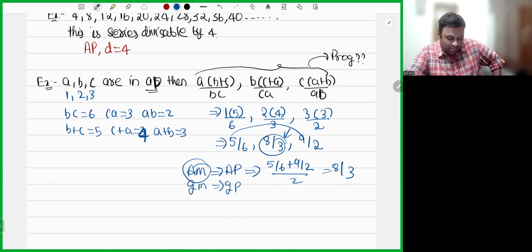So if A, B, C are in AP, this entire progression will also be in AP itself. I hope the concept is clear, how to see whether they are in AP or not.